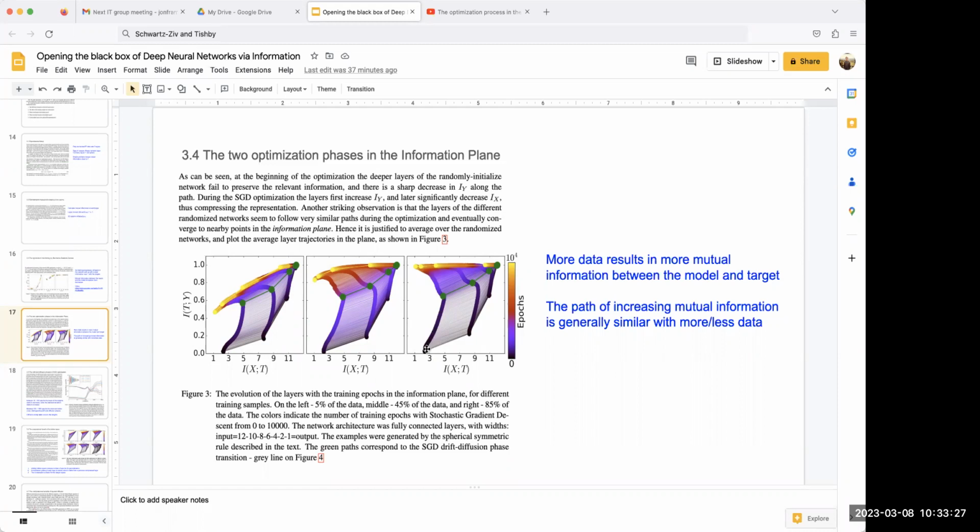I don't know if it's presumably the input or output layer, but maybe the input layer has little information with the targets, the true targets, in the beginning, and then as you train it, it gains information with those targets at the expense of information with the inputs.